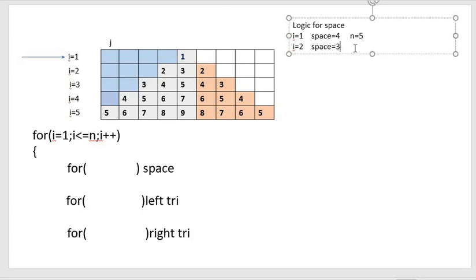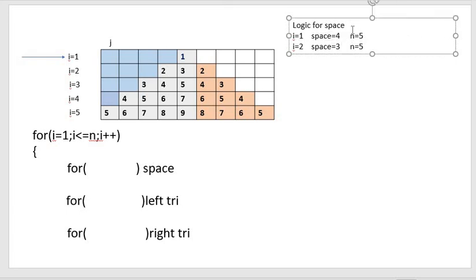So you have to find out the relationship between the spaces, the number of lines and the iteration. For every value of I, j travels that many times to print the spaces. If you see here, the value of n minus the value of I will give you the spaces.